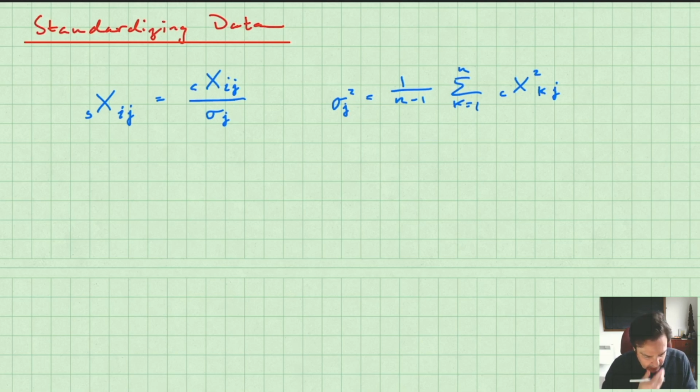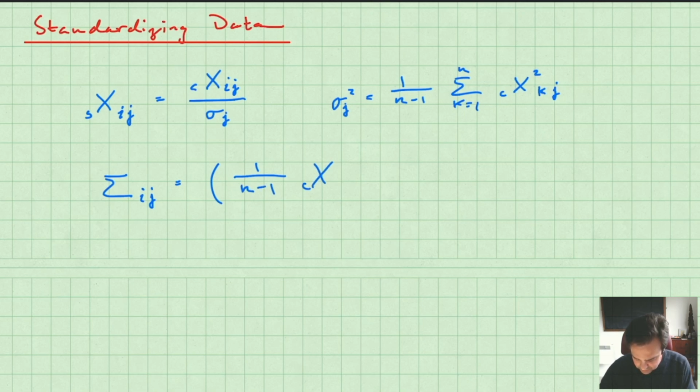Right? And so let's take a look at what this actually gives us. Sigma, the normal covariance matrix, this is just review here. The normal covariance matrix looks like this: 1 over n minus 1, x centered transpose x centered.